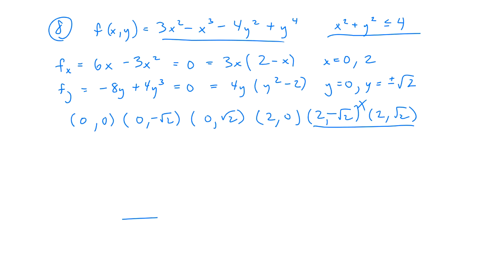Right, because if I solve for y, I can do y squared is equal to 4 minus x squared. And since both the terms with y in it are even powers, we're not going to have to worry about square roots.